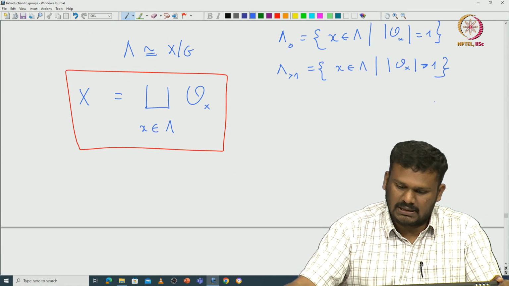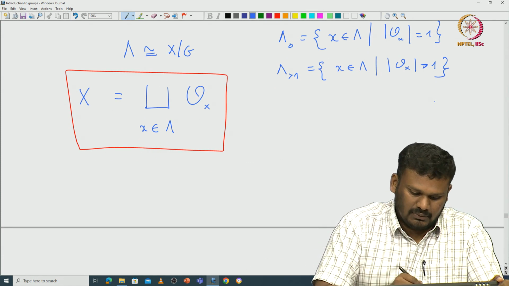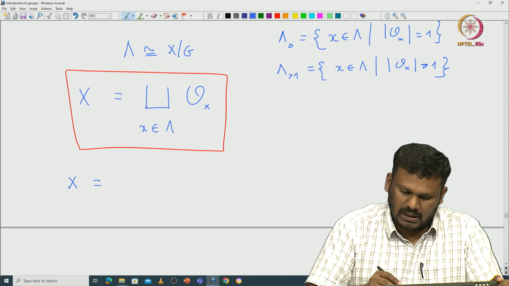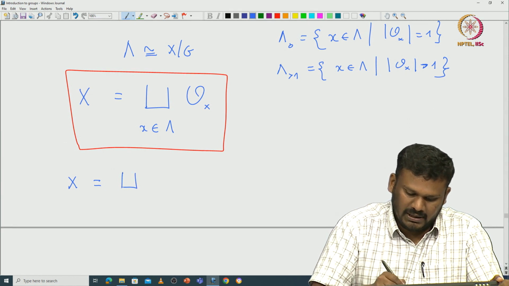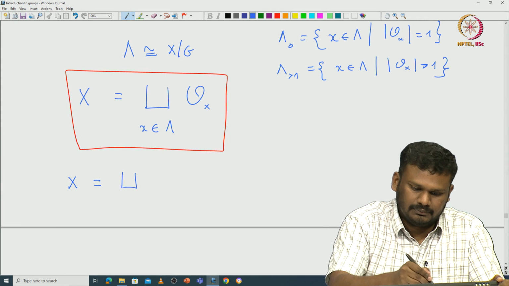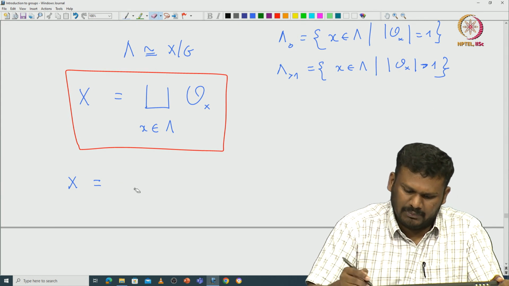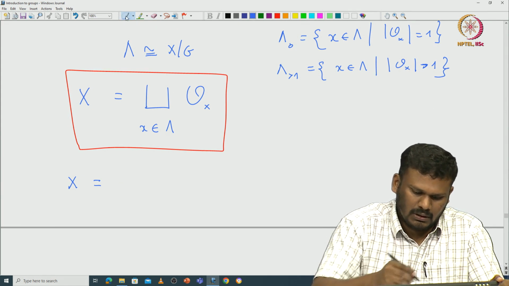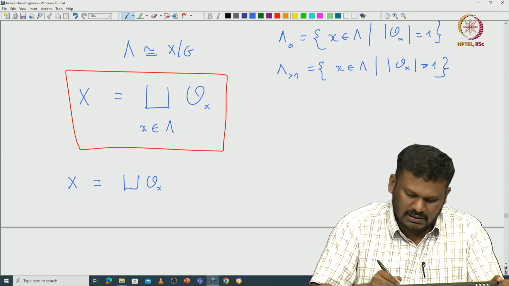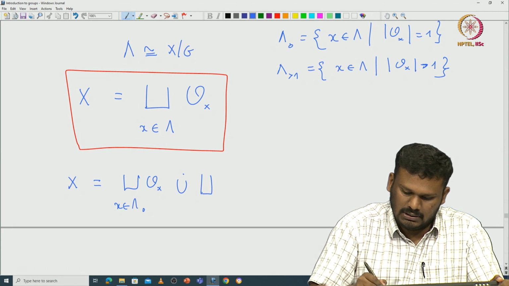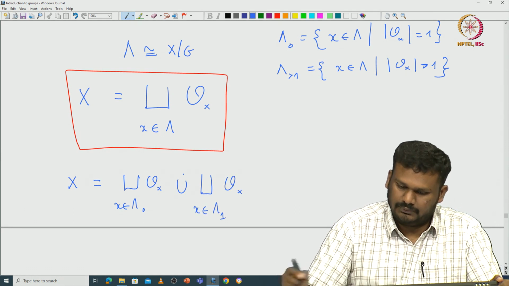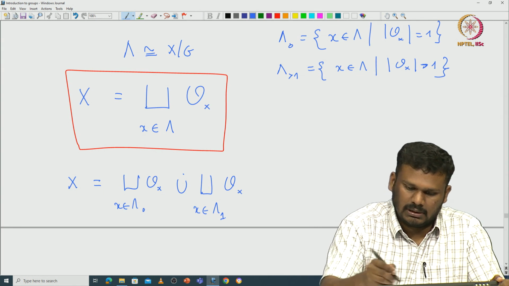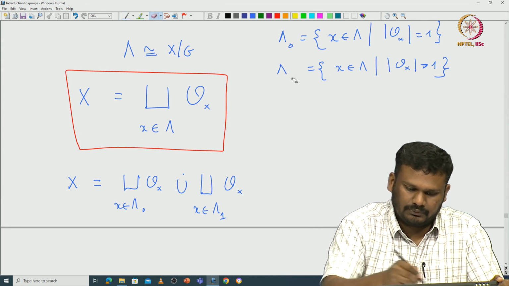Then with this notation we have partitioned X into further subsets: the orbits coming from lambda naught, disjoint union the orbits where x is coming from lambda 1.